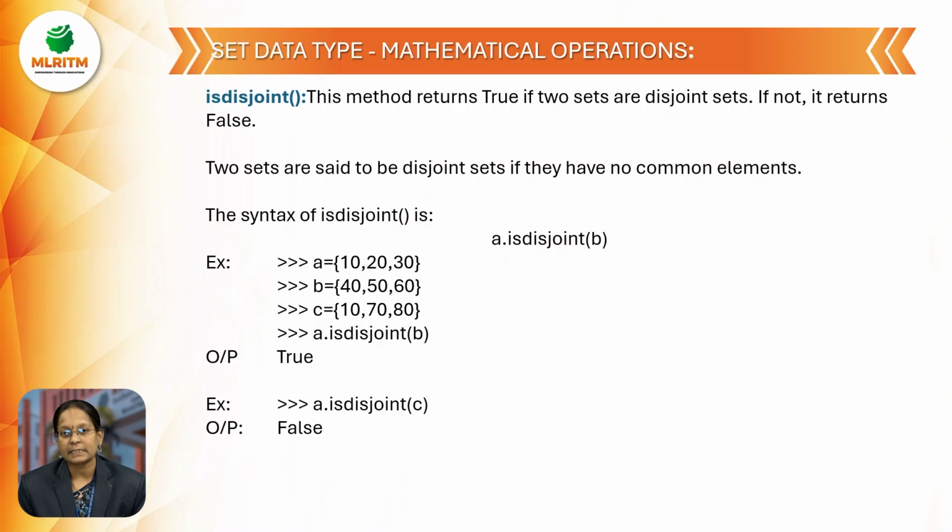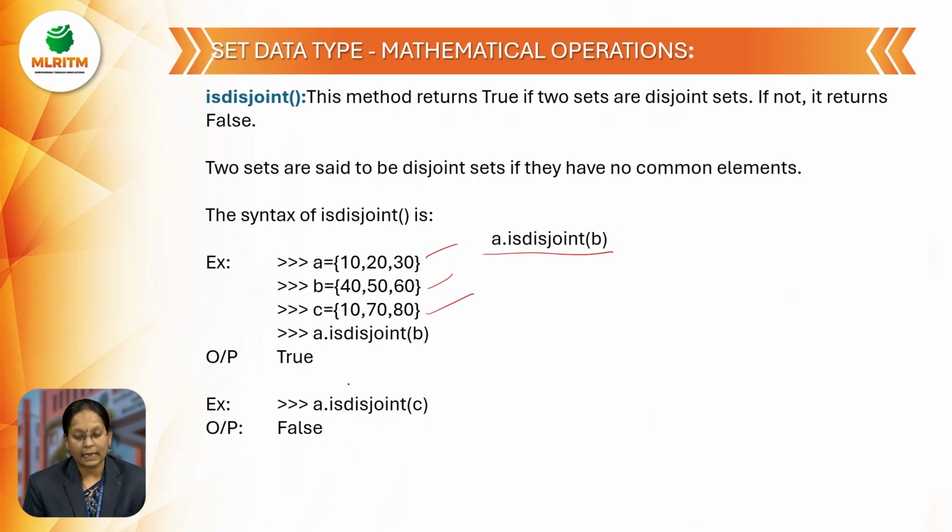If those sets are disjoint, then this function returns true. Otherwise, it returns false. The syntax is A dot isdisjoint of B. A is equal to 10, 30, 20, 30, B is equal to 40, 50, 60 and C is equal to 10, 70, 80.